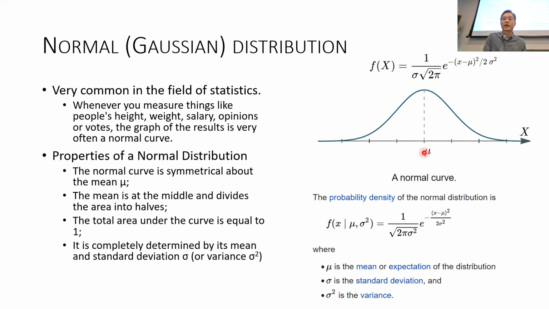And if you want to generate, for example, you have this curve, and you want to generate a simulated data point with a mean in the middle here. You will generate this data with this value at the frequency of this height.